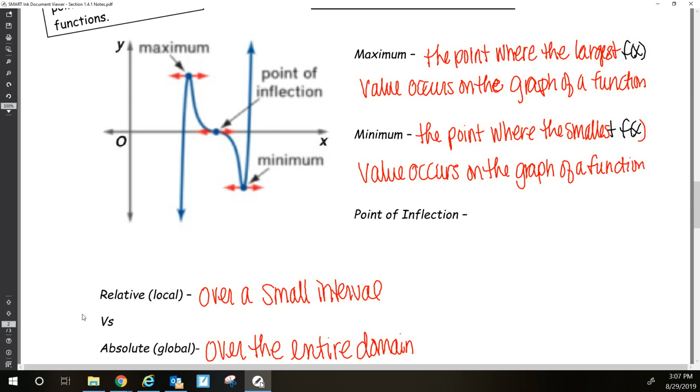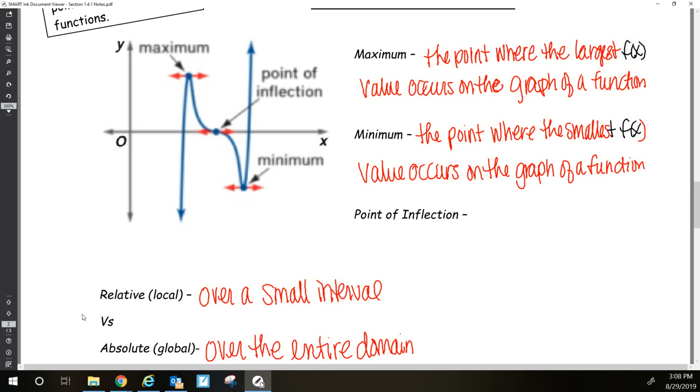So I can't say I have an absolute maximum for this graph, just like I can't say I have an absolute minimum for this graph, because it'll go on and on forever in the opposite direction. So these are relative maximums or relative minimums, but we do not have an absolute maximum or an absolute minimum. We'll see some graphs where we do.